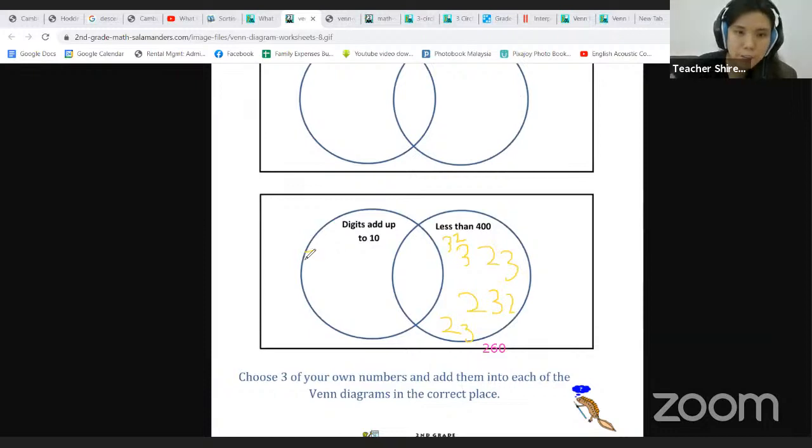Means that, let's say, for example, 5 and what becomes 10? 5 and 5, 55. What are the other numbers that add up to 10? 6 and 4, or 4 and 6. 1 and 9. Fantastic. So any number.